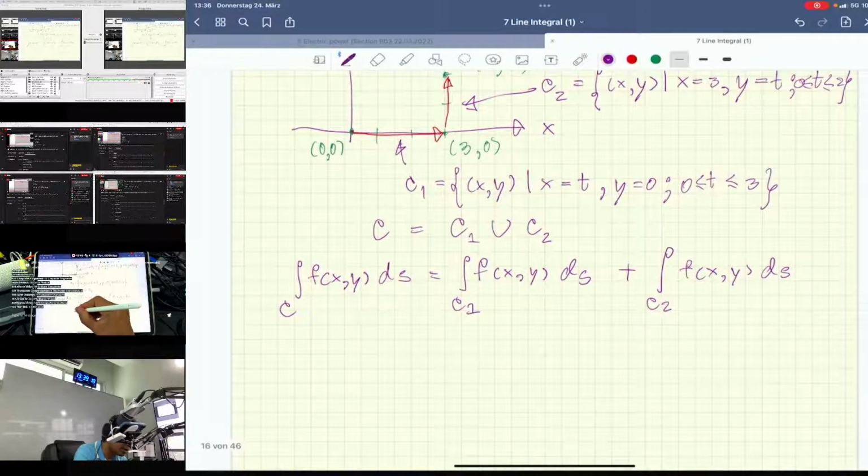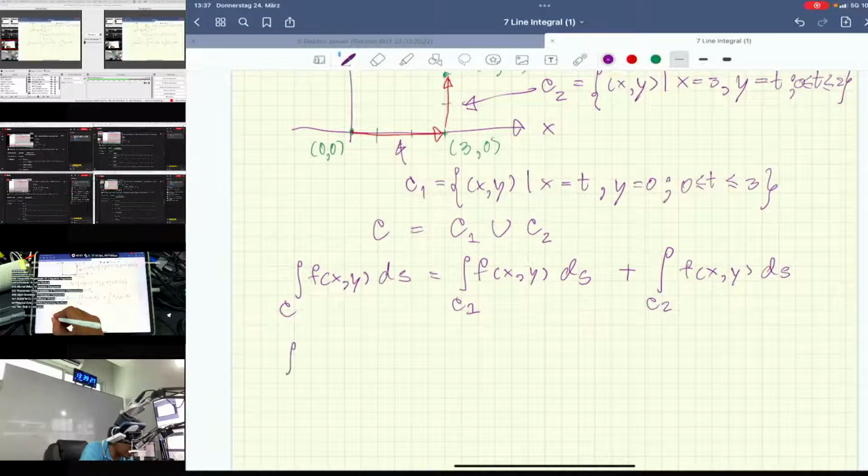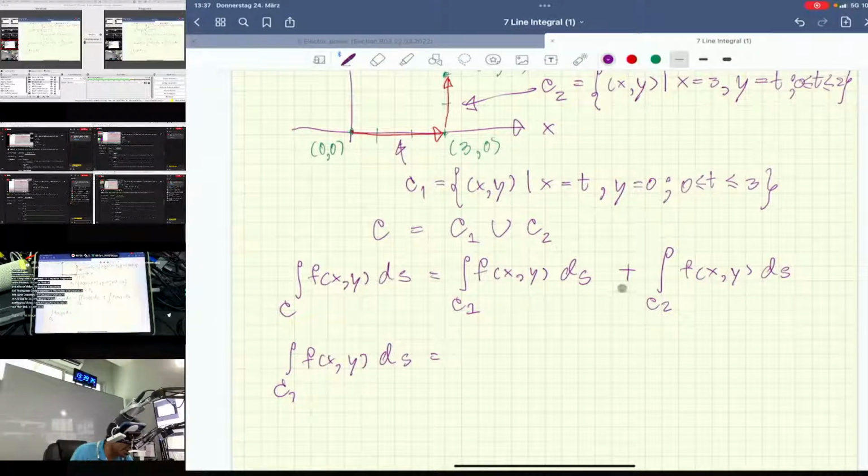Okay, and for the first curve, let's consider the integration along the first curve f(x,y) ds, only this term. We will do the second term later.